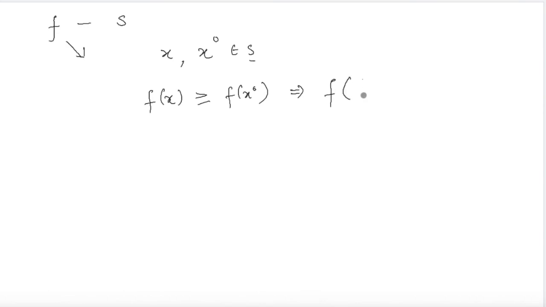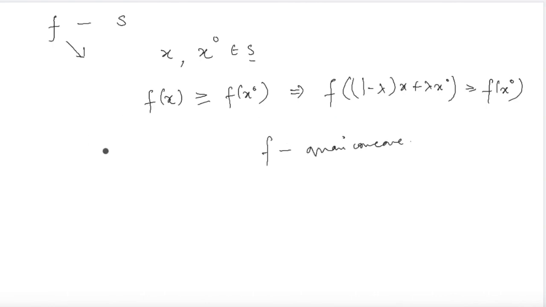Again, let's say you have a function defined over a convex set S. Then this function will be called a quasi-concave function if and only if for two input vector points x and x naught belonging to S, the following condition is satisfied: if you have two input points x and x naught belonging to the domain set S, such that f of x is greater than or equal to f of x naught, the functional value at this input point is greater than or equal to the functional value at x naught, then the following is true, which is f of (1 minus lambda)x plus lambda x naught is also greater than or equal to f of x naught. Then you can call f a quasi-concave function.